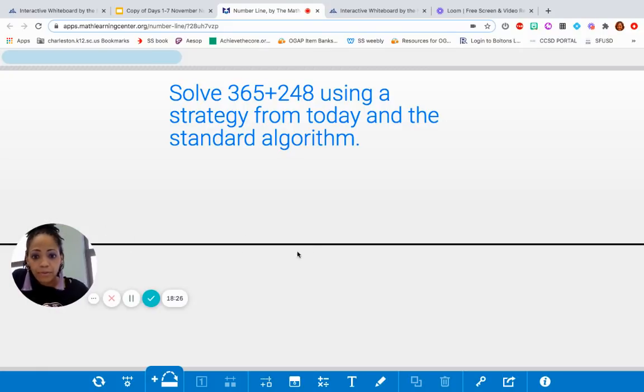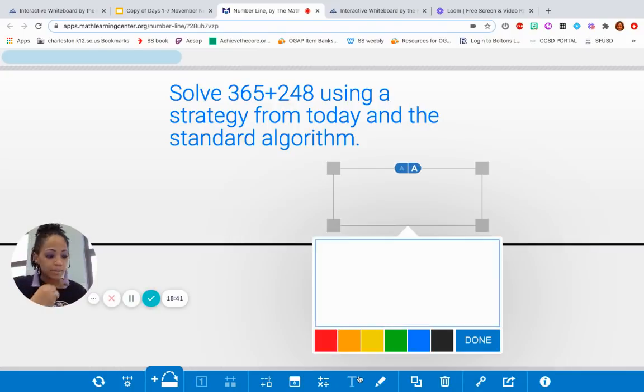So here's the number line for you. Go ahead and work out 365 plus 248. But then I also want you to use the standard algorithm, which means you write the numbers up and down, and I'll type it on here for you as well, for you to see what I mean.